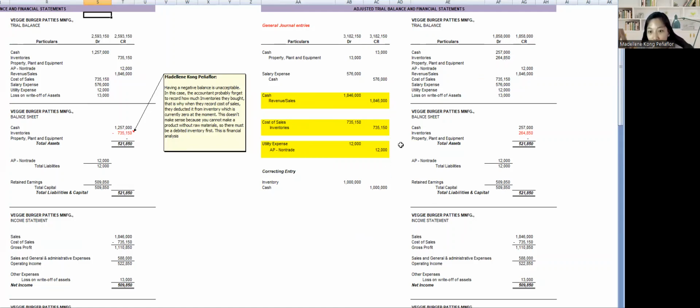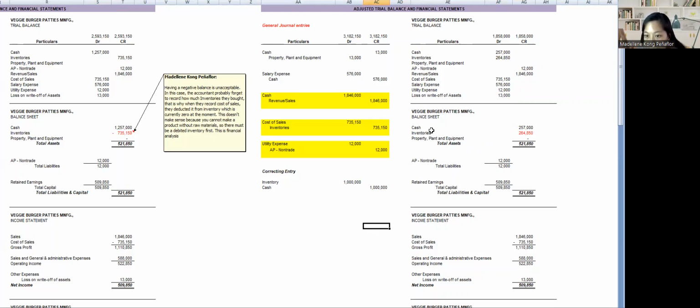And our inventories, it was originally negative 735. If you add 1 million, let's see, negative 735 plus 1 million inventory, the result is 264,850. So this is the same here. Yeah, so we have now a balance of inventory 264,850, and then the other balance is still the same.